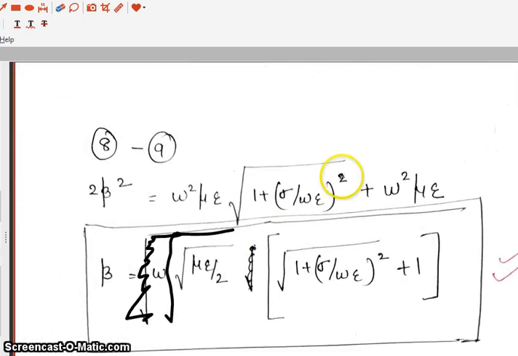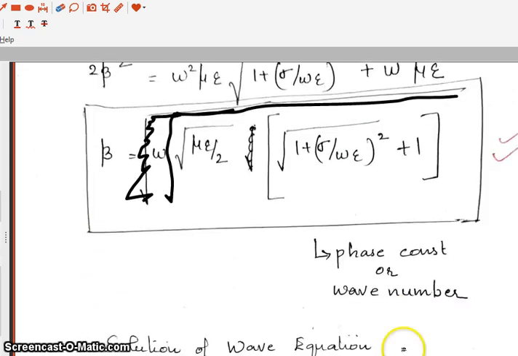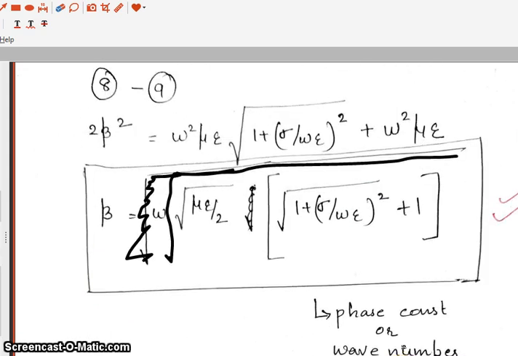From that I can write beta is equal to omega, because if I am taking the square root of omega square it becomes omega. So beta is equal to omega into the whole square root of mu epsilon divided by 2 into the square root of 1 plus sigma by omega epsilon the whole square plus 1, where beta is known as the phase constant or wave number.